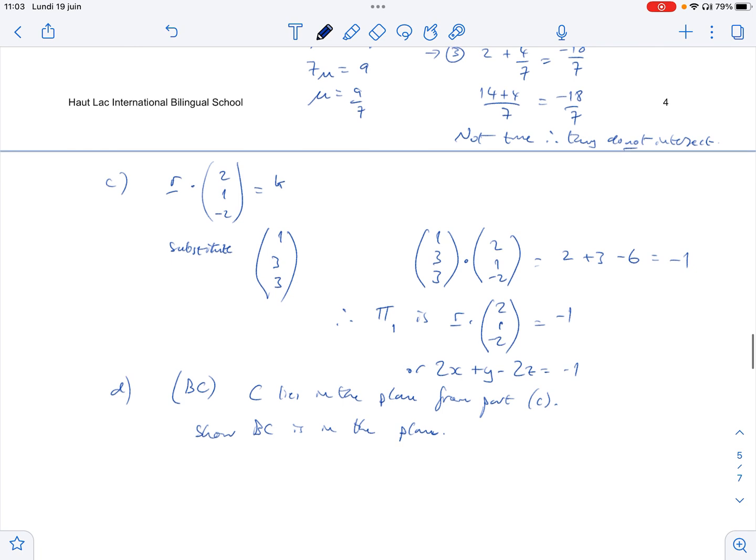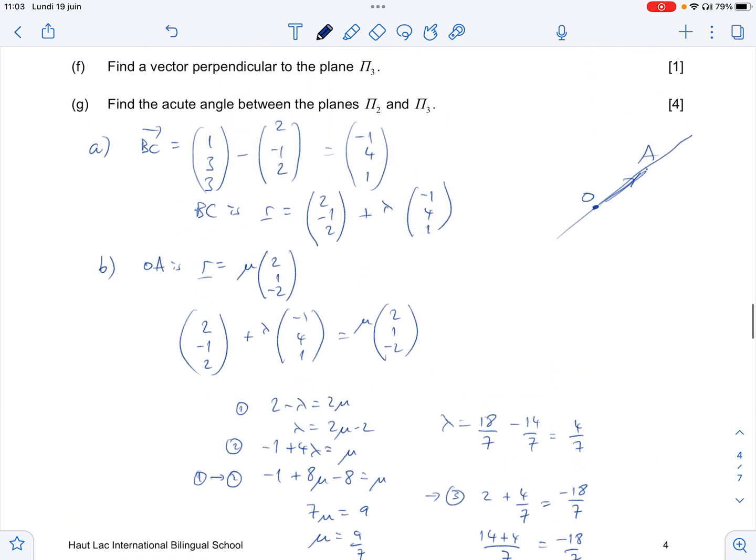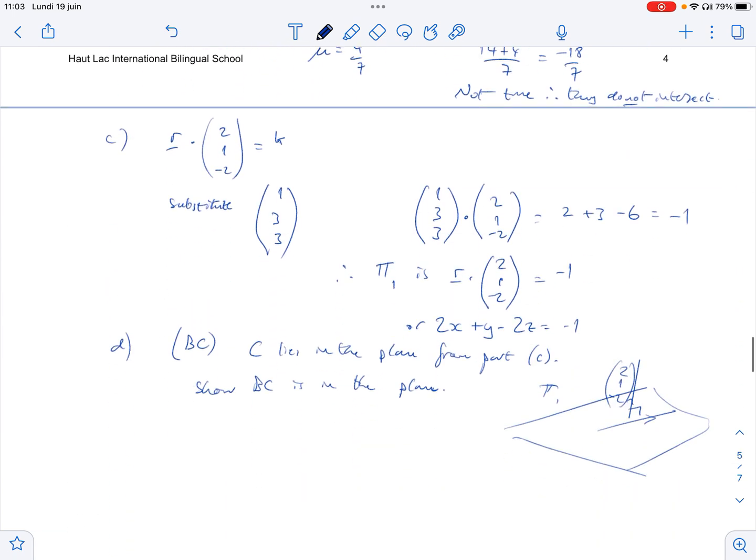To show it's in the plane, it needs to be perpendicular to the other vector. Here is the plane pi 1, we know the perpendicular is 2, 1, negative 2. If I can show that BC is somewhere in this plane, it needs to be perpendicular to this. So BC we've already calculated was negative 1, 4, 1.